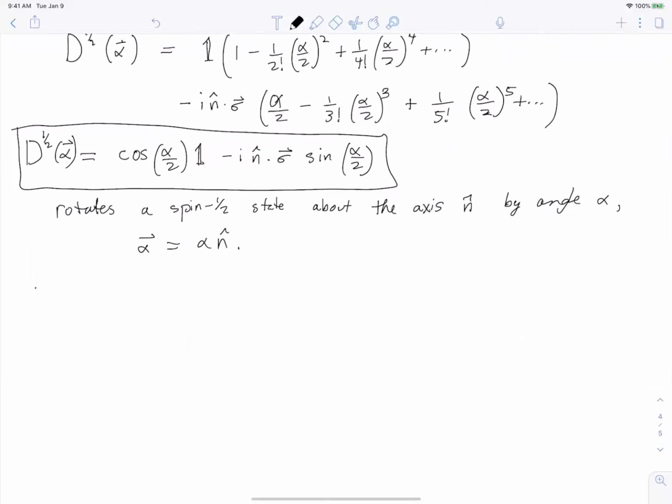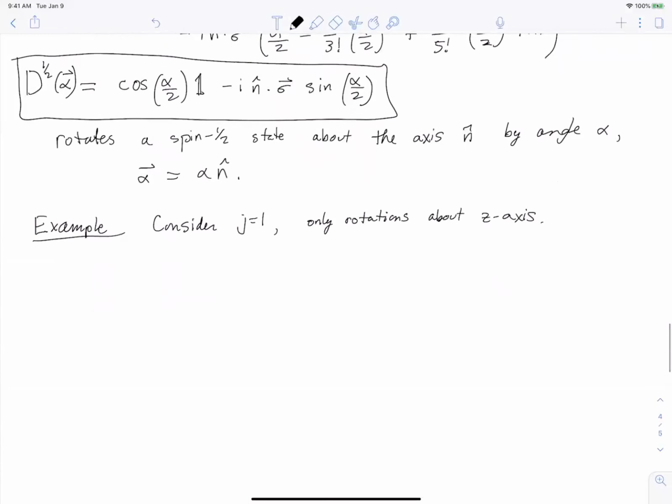But say, for example, that we wanted j equals 1. And let's say we were only interested in rotations about the z-axis. So that's the other case where it's easy to do. Anything with rotations about the z-axis is special.